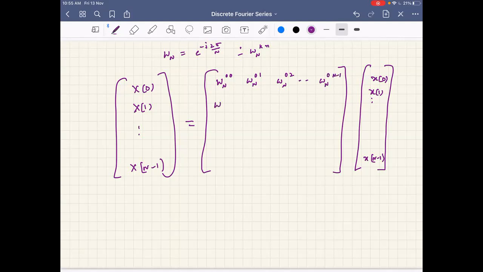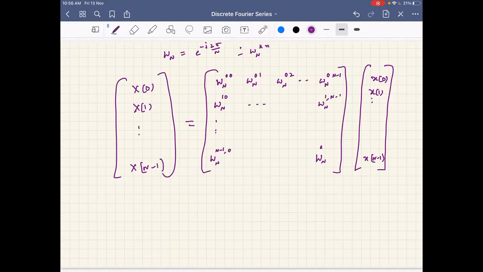Here W_N, what should I write here? Can anyone tell? 1 0. Okay, and so on, W_N, what should I write here? N minus 1 0. Yeah, a comma is always there, but we skip writing commas also. And W_N here 1 n minus 1, and here W_N, what should I write?